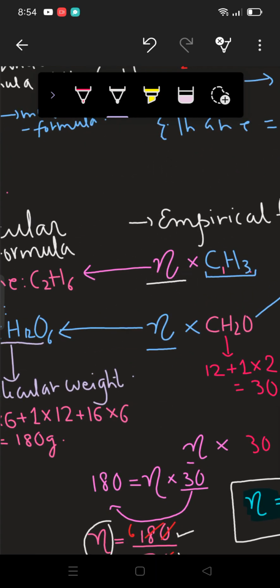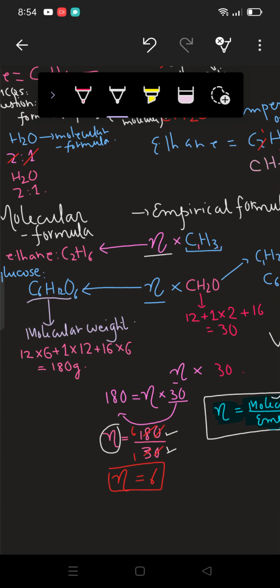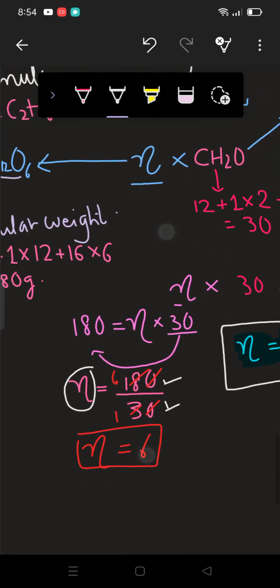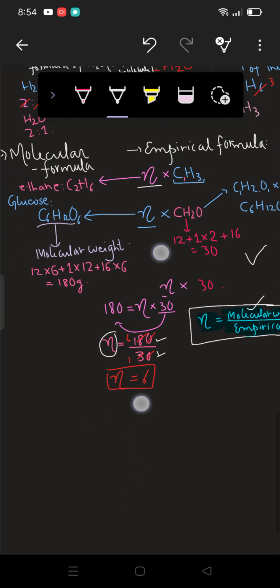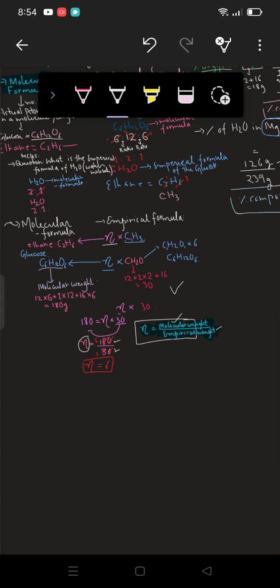For finding this number, we made one very important formula for solving numericals based on molecular and empirical formula. So n is equal to molecular weight upon empirical weight, right? That was the formula which we used.